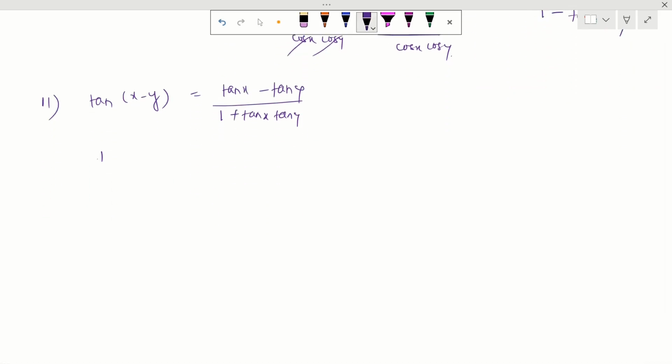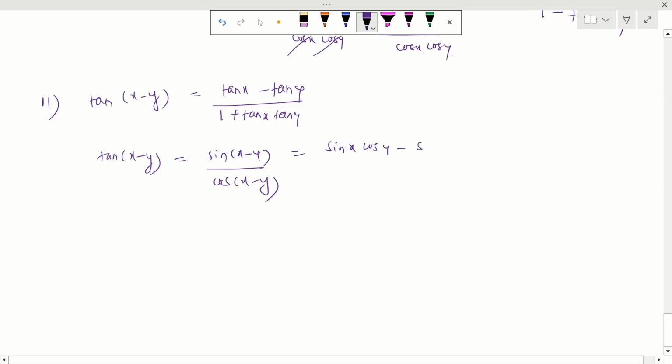Tan of x minus y I can write as sin of x minus y divided by cos of x minus y. What is the formula of sin of x minus y? Sin x cos y minus cos x sin y. And the formula of cos of x minus y is cos x cos y plus sin x sin y.